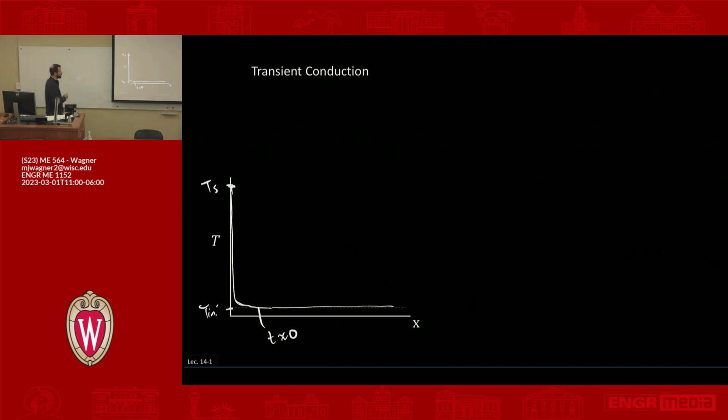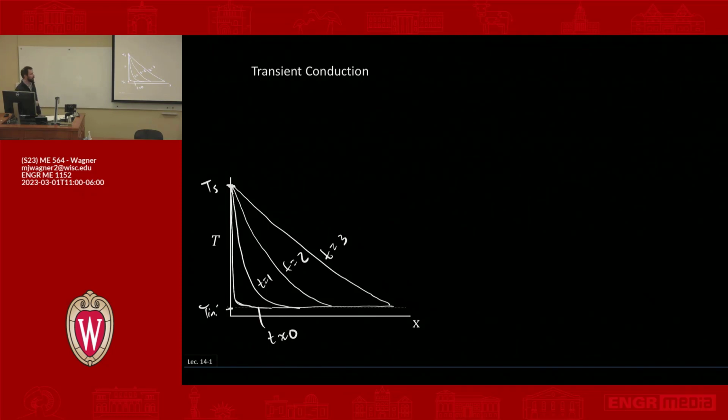Now as we move forward in time, what's going to happen? You're going to start seeing this thermal wave move over. The heat is going to start penetrating into the wall, and you get this gradient that develops. So it might look something like this. This would be time equals 1. We could draw time equals 2, and time equals 3, and so on.